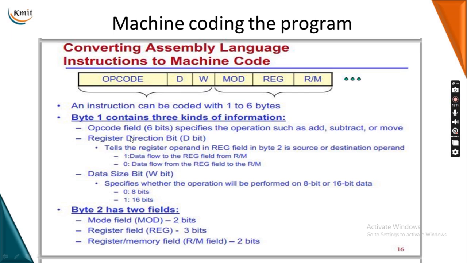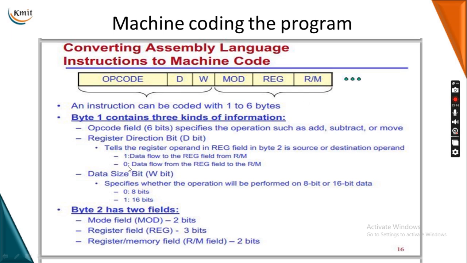The opcode field, 6 bits, specifies the operation such as add, subtract or move. The register direction bit, the D bit, tells in which direction the data flows with respect to the source or destination operand. If it is 1, the data flows to the register field from R/M, where R/M means register or memory.